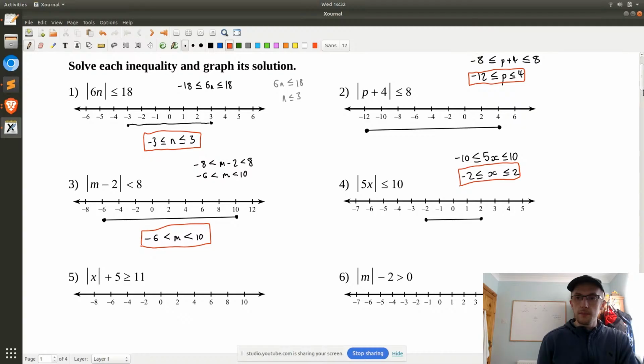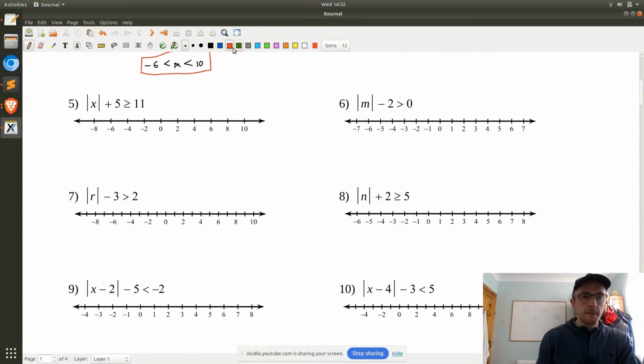All right. Fifth one then. The absolute value of x plus 5 is greater than or equal to 11. Take 6 from both sides. Absolute x is greater than or equal to 6. Trap the value of x. 6.